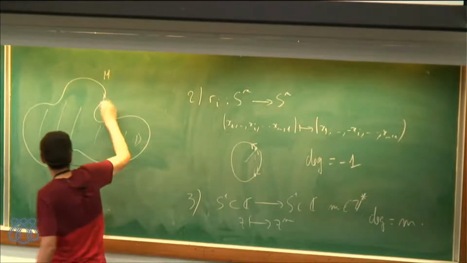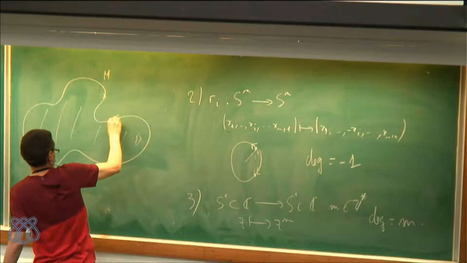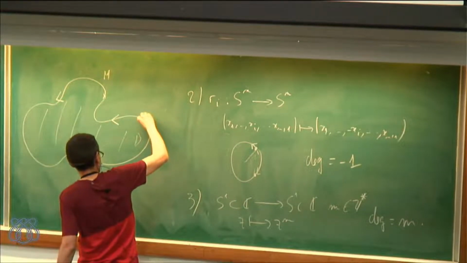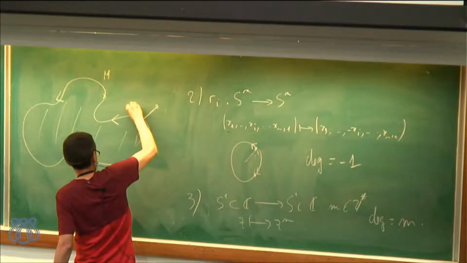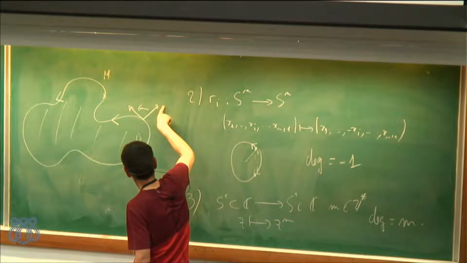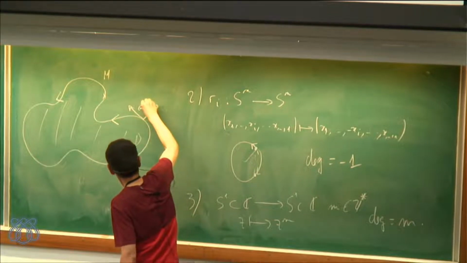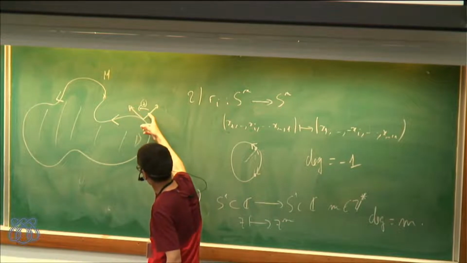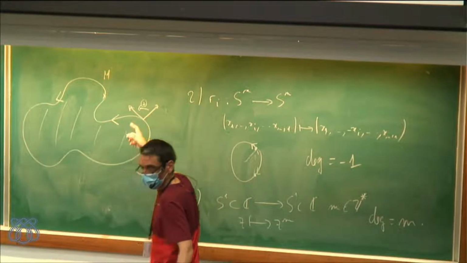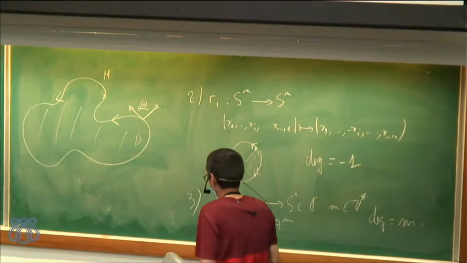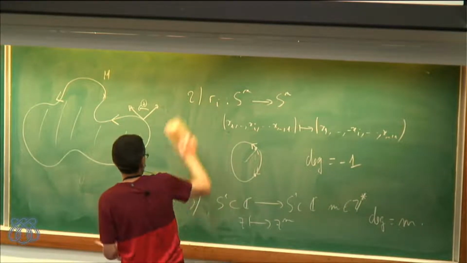So it gives an orientation of M, like that. And the orientation is that I choose the outward normal vector, and I choose the orientation in such a way that this gives a direct basis of Rn. So this is the situation.